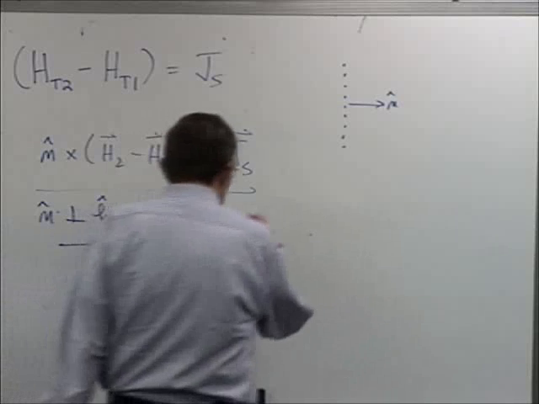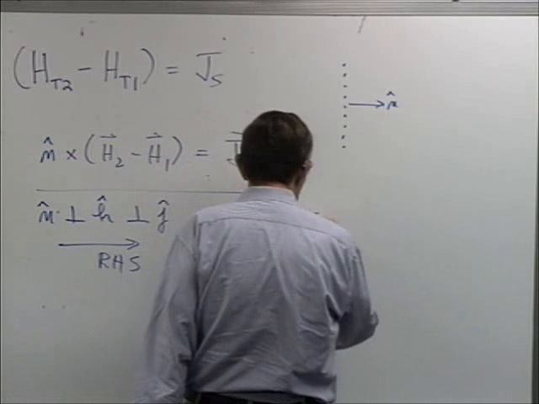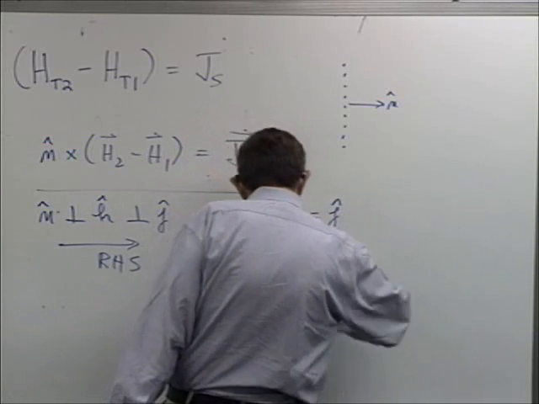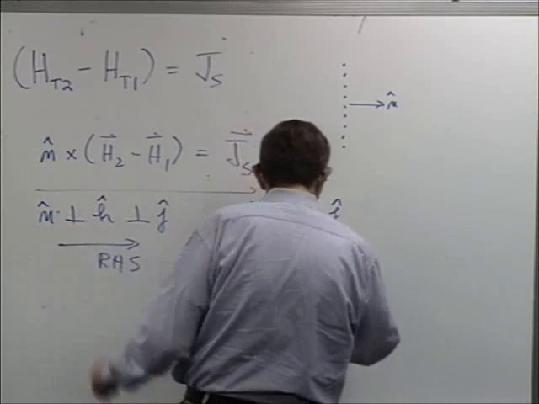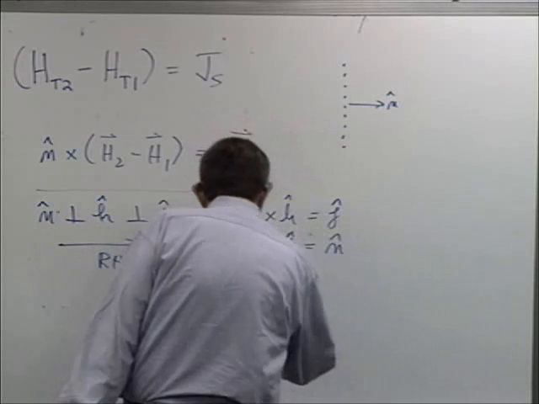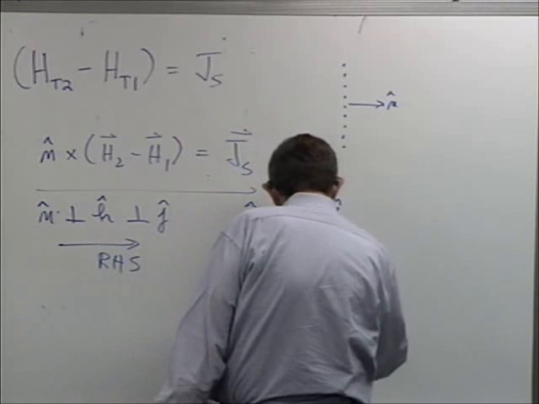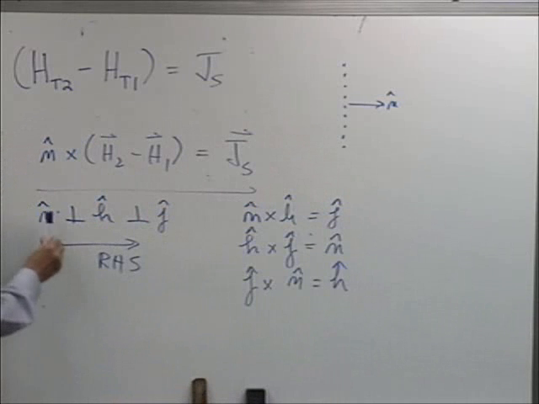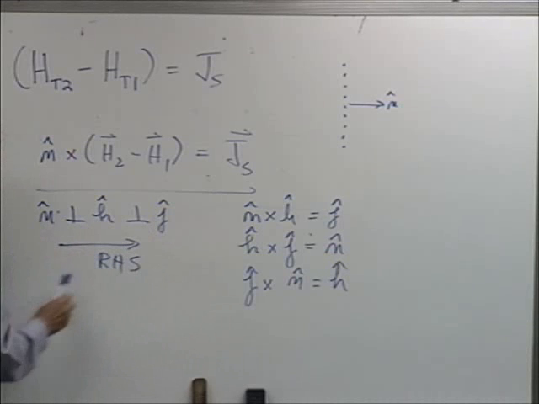By that I mean that N crossed into H as unit vectors is J. H crossed into J is equal to N. And J crossed into N is equal to H. Anytime you're going ahead, N crossed into H is J, H crossed into J is N, J crossed into N is H. They're all going this way.